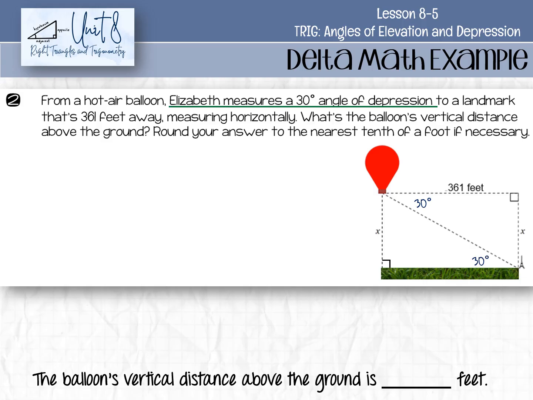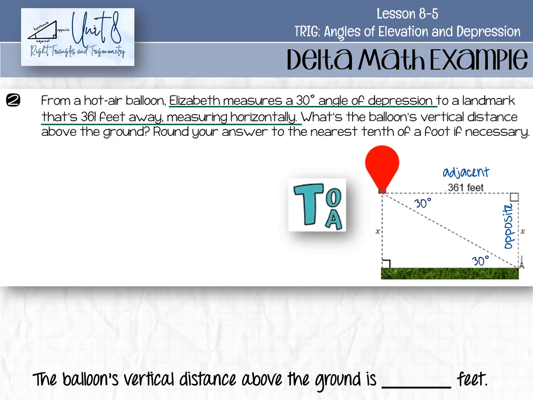So we can do alternate interior angles if we want to. Angle of depression is the same as the angle of elevation. If someone were at the Eiffel Tower looking up at the balloon, it'd be 30 degrees. And from the balloon looking down to the Eiffel Tower, that's 30 degrees as well. Anyways, we have opposite and adjacent. So tangent comes to the rescue again.